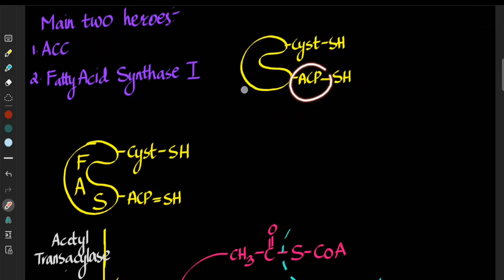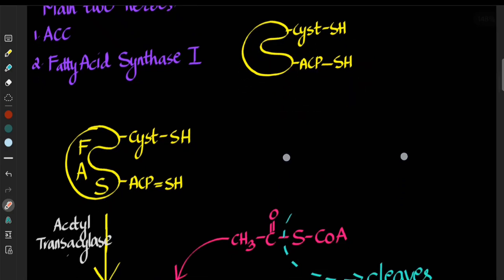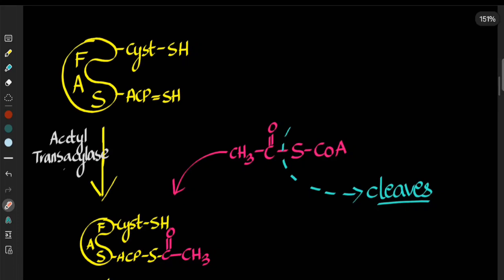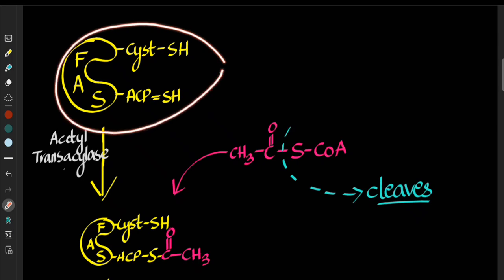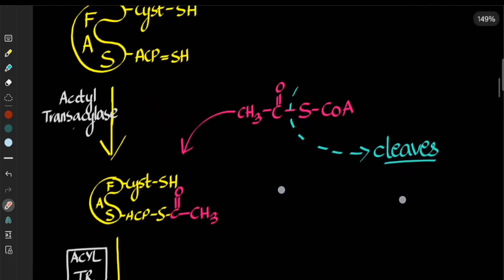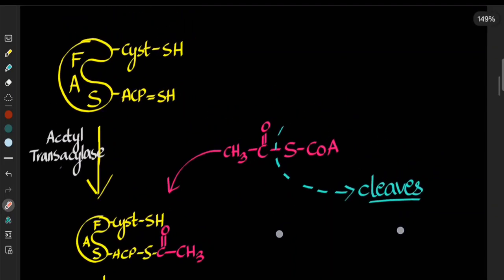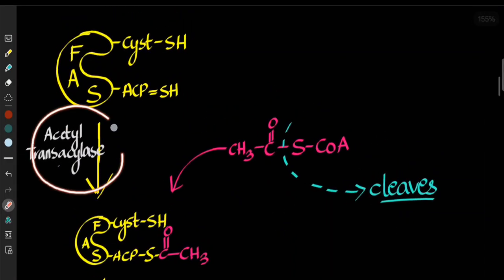So now let us try to understand the process where the fatty acid is made up. As you can see over here, we have the fatty acid synthase 1. Now there is an enzyme known as acetyl transacylase, which will help us join this molecule.